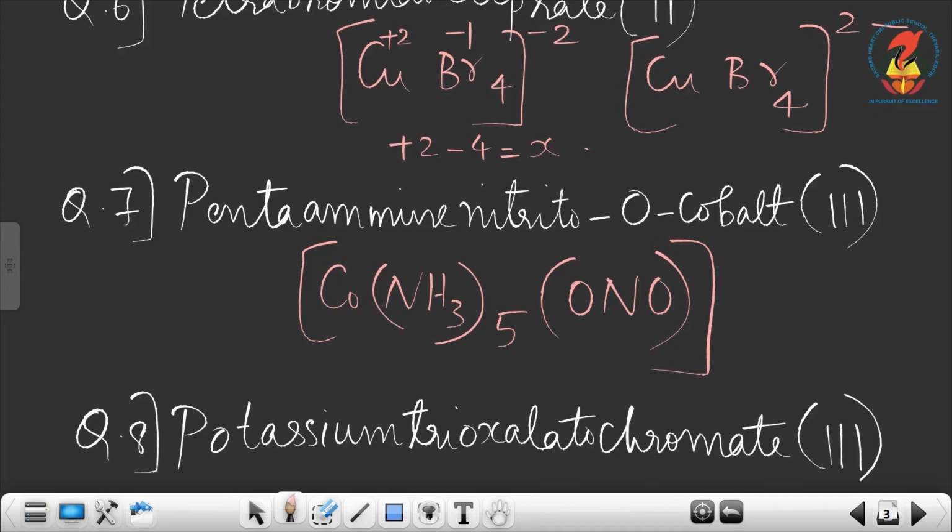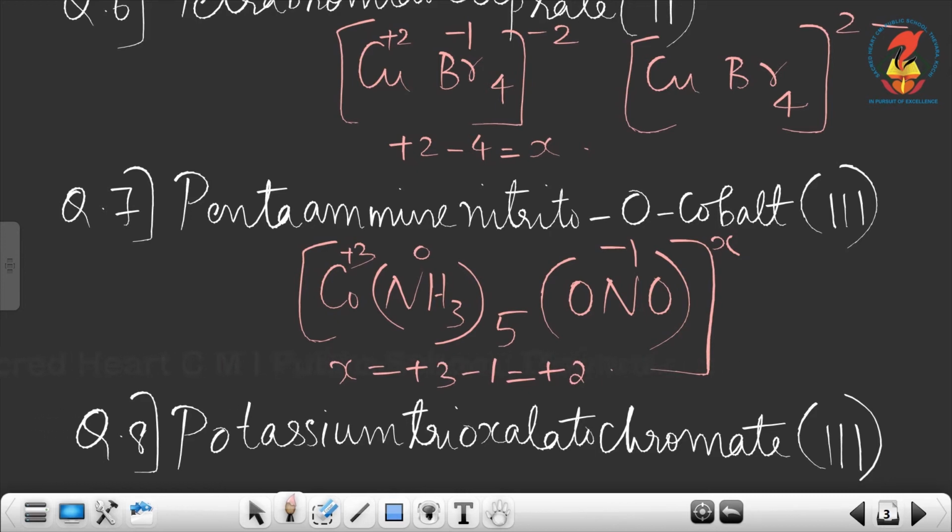Now you should find out if there is any charge for the complex ion. So here we have cobalt, the oxidation number is +3, ammonia 0, ONO is -1. So this is equal to X. So what will be X? X will be equal to +3 -1, which is equal to +2.